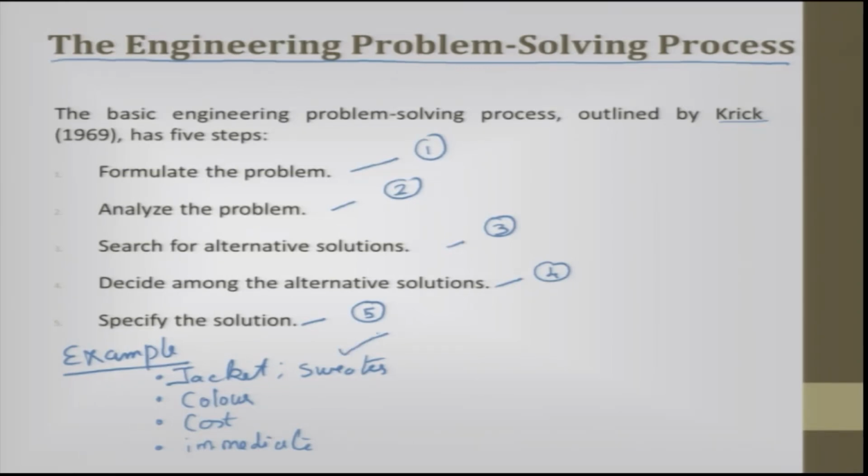What have I done? I have now formulated the problem. I will try to buy a color which is light. I would try to give a cost of rupees 5,000 and I would like to go immediately today. So, what have I done? I have formulated a problem to solve the problem that I am feeling cold.